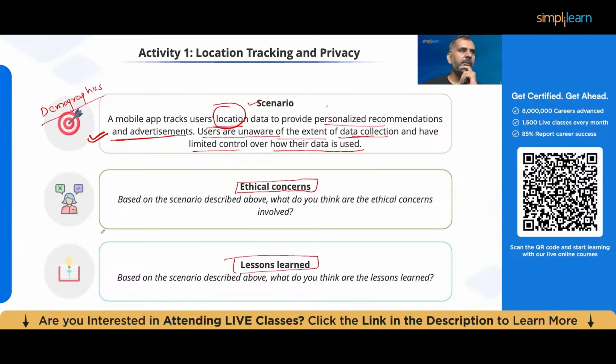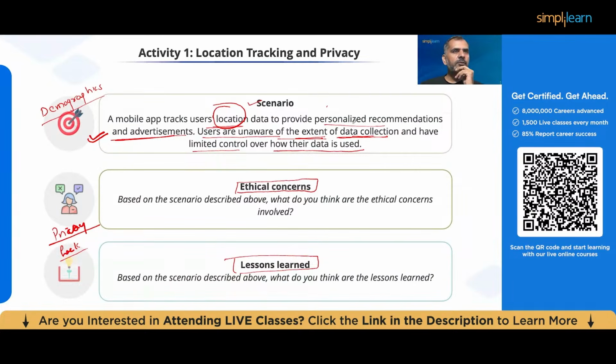Very good. One, you can say the privacy. If you do not have full control over how the data is used, privacy is one of the concerns. Personal data is being used. That's right. Can you say there is a lack of transparency also? If you do not know how much data is being collected and used, can I say that transparency is not very much available here?